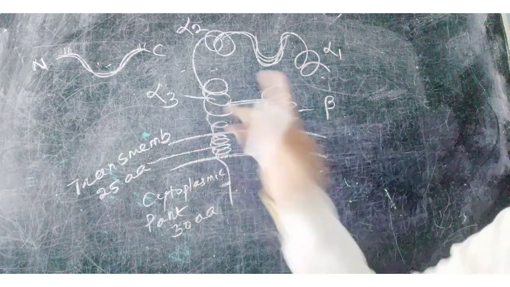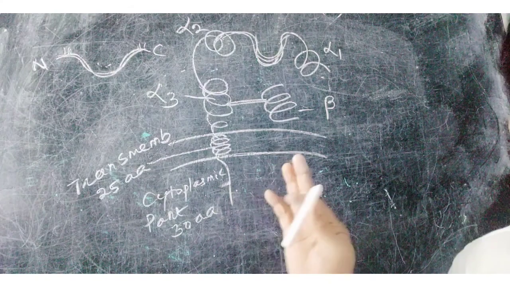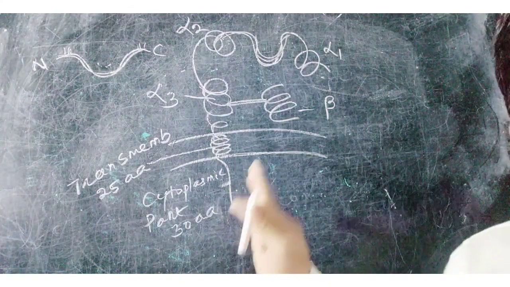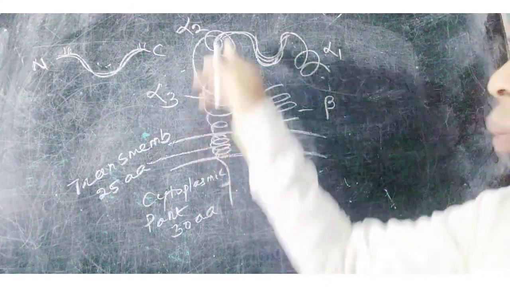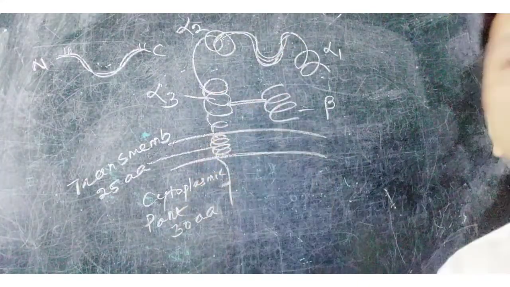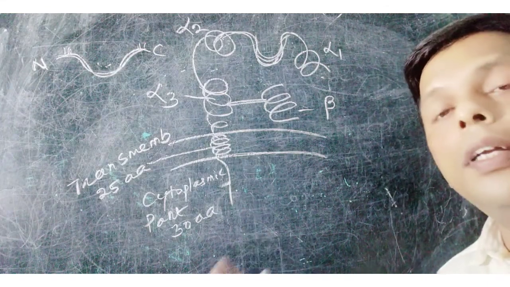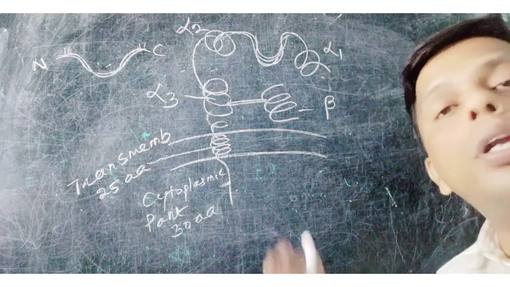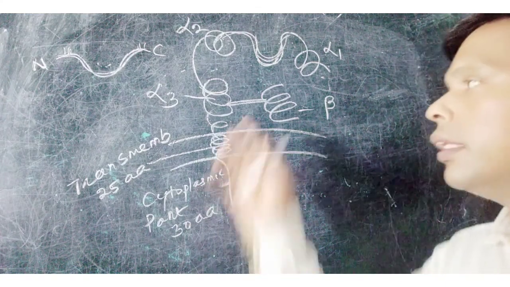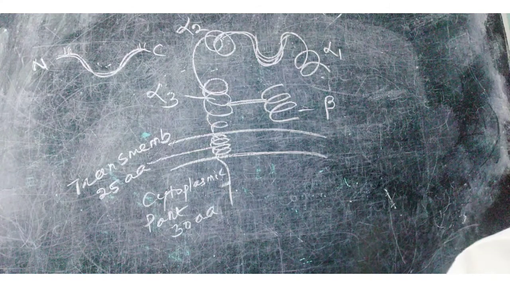What is the function of alpha 3? Alpha 3 is the proximal domain, and it is mostly conserved in comparison to alpha 1 and alpha 2. It is a highly conserved sequence, whereas the polymorphic regions differ.